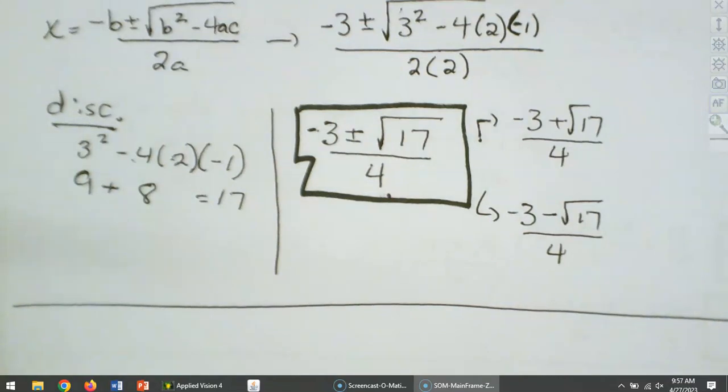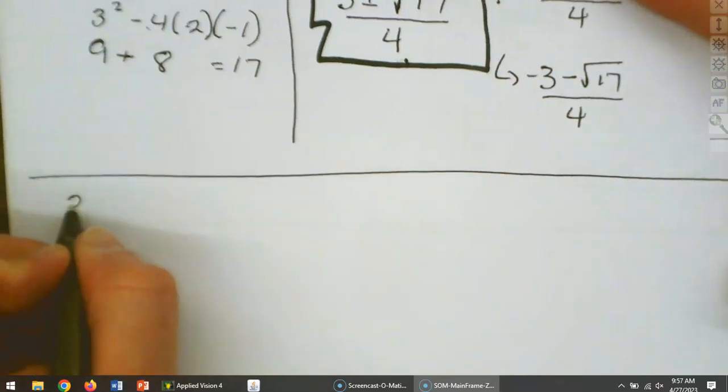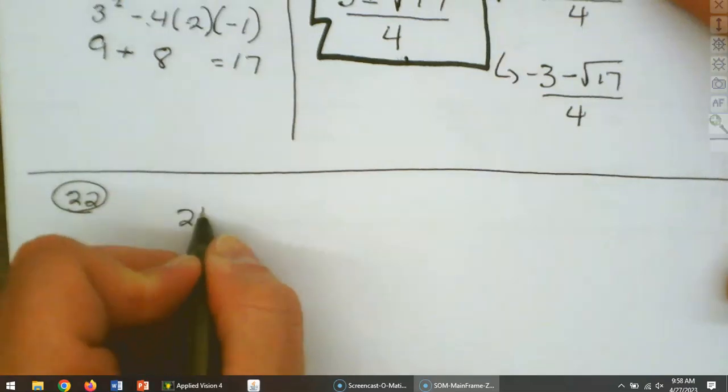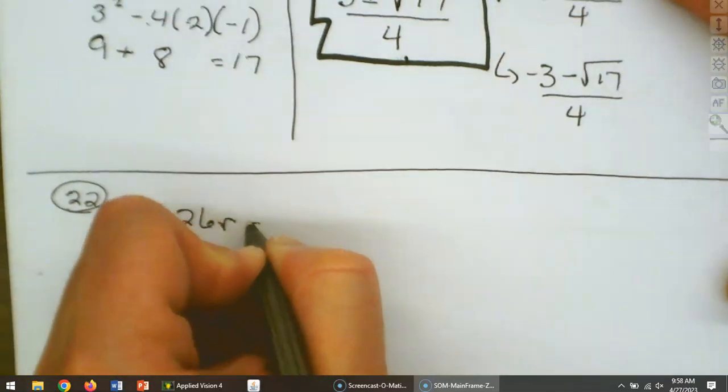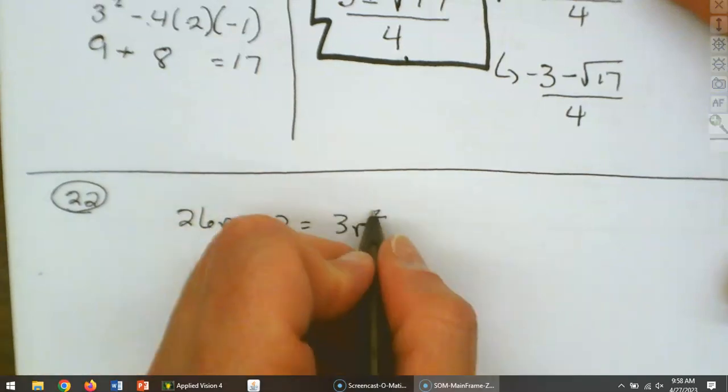Let's do one more of these where it's set up correctly. Let's look now at, how about question 22? So this one we will have to rewrite a little bit. So it's not quite set up correctly, but we do need to make sure that it's in the correct order. And we've got 26r minus 2 equals 3r squared.